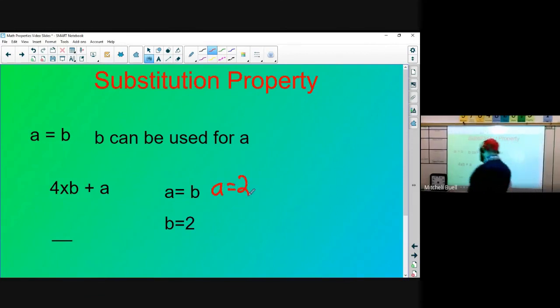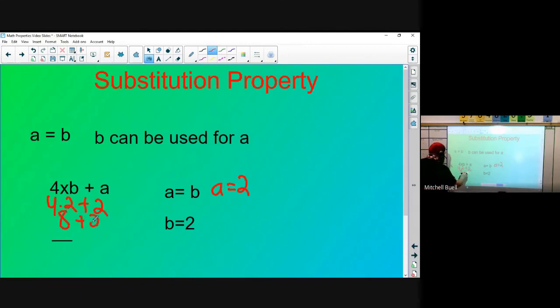So then I would substitute in. So we have 4 times 2 plus 2. Got to do my order of operations. So I do 8 plus 2, and that will give us 10 as our final answer.